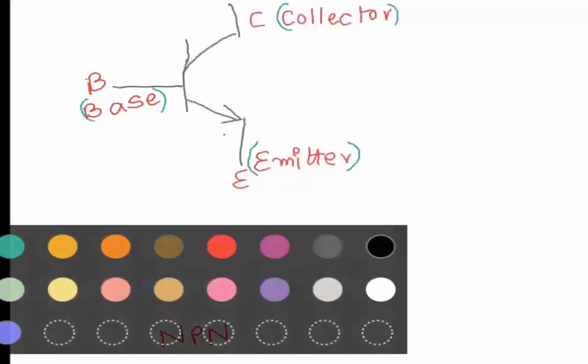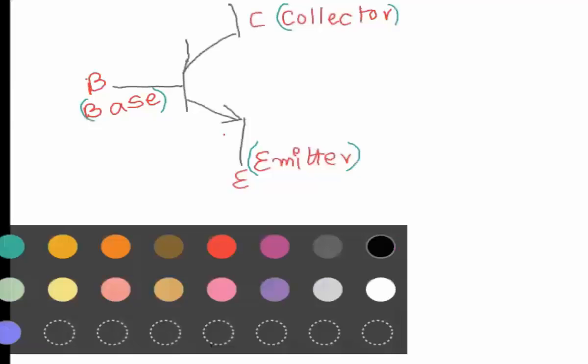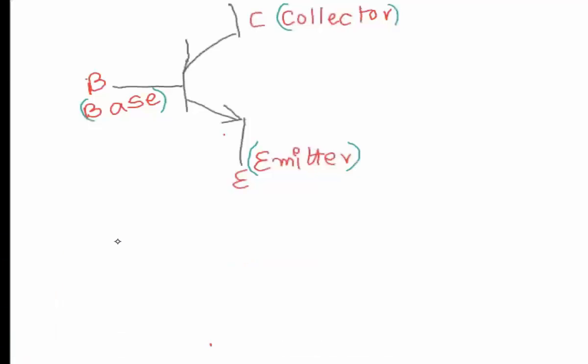So it will be the same. This is for NPN. So which one is N here? Since we are saying NPN, this is N, this is P type, this is the N type semiconductor.